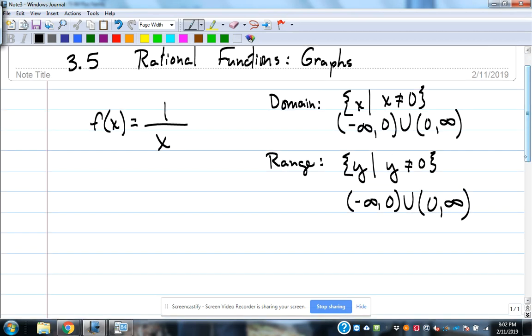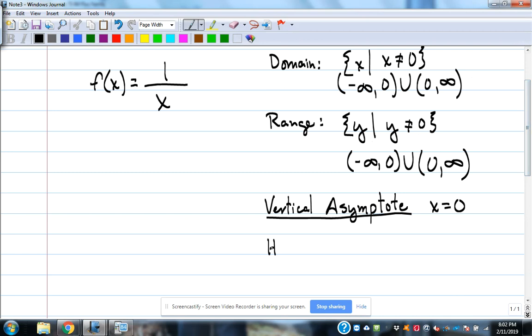Domain is where we're going to hang most of our hat in this stuff. Range, not so much. This one has a vertical asymptote at x equals 0, and it has a horizontal asymptote at y equals 0.